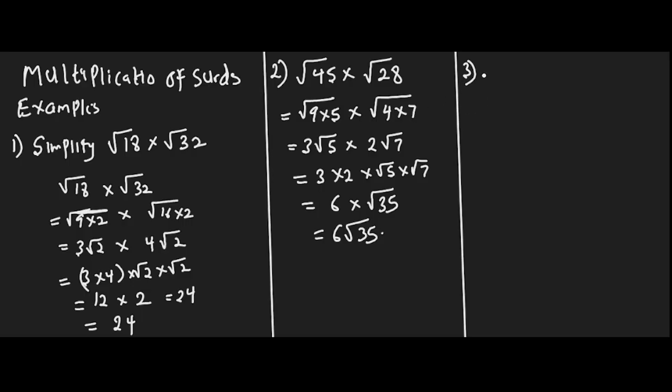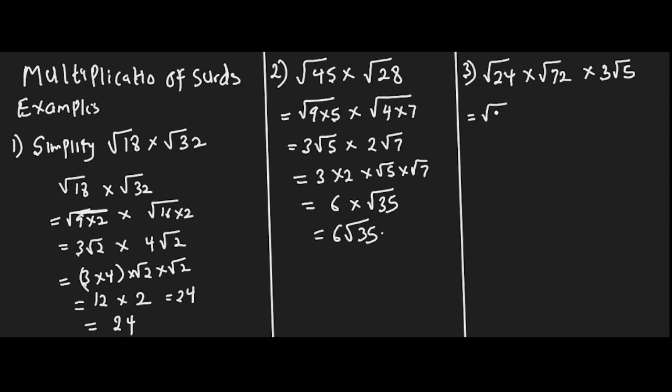Another example, root 24 times root 72 times 3 root 5. What we'll do is we express each of these in their basic form.